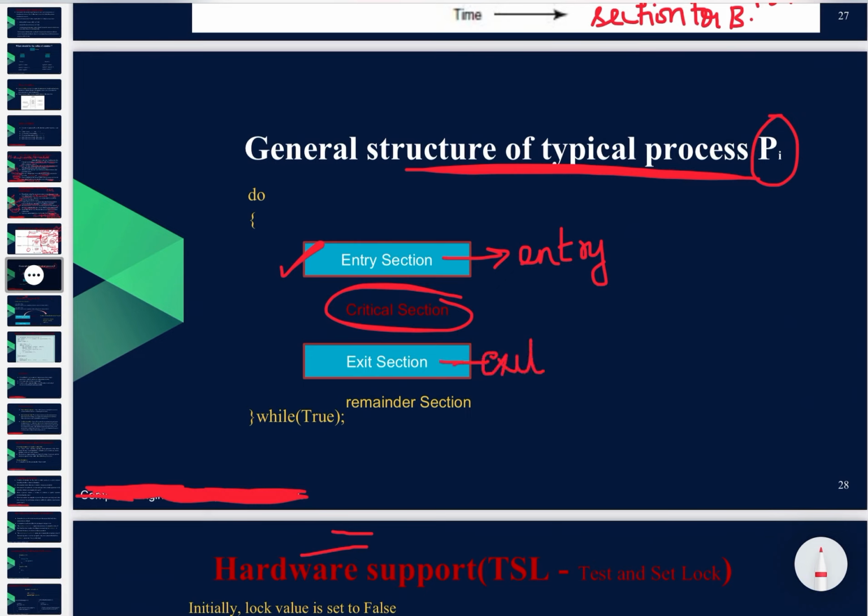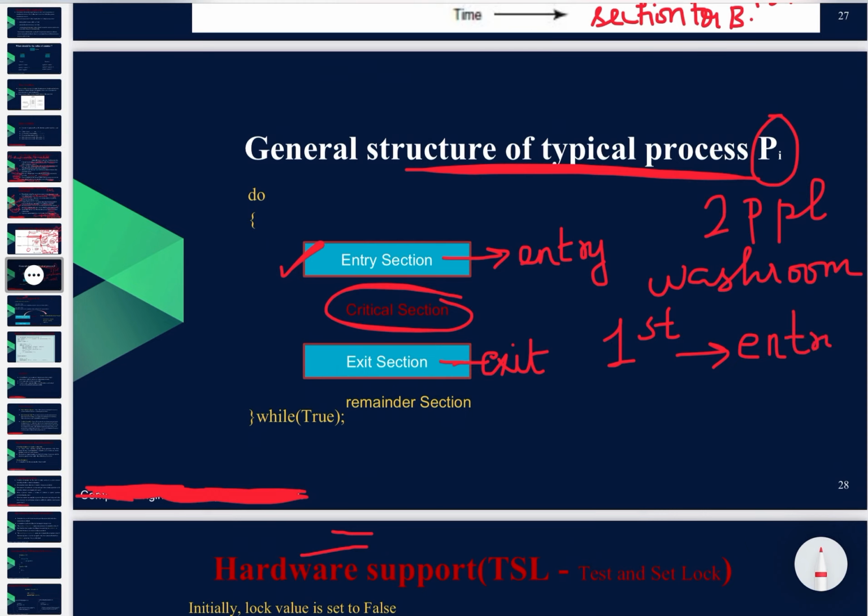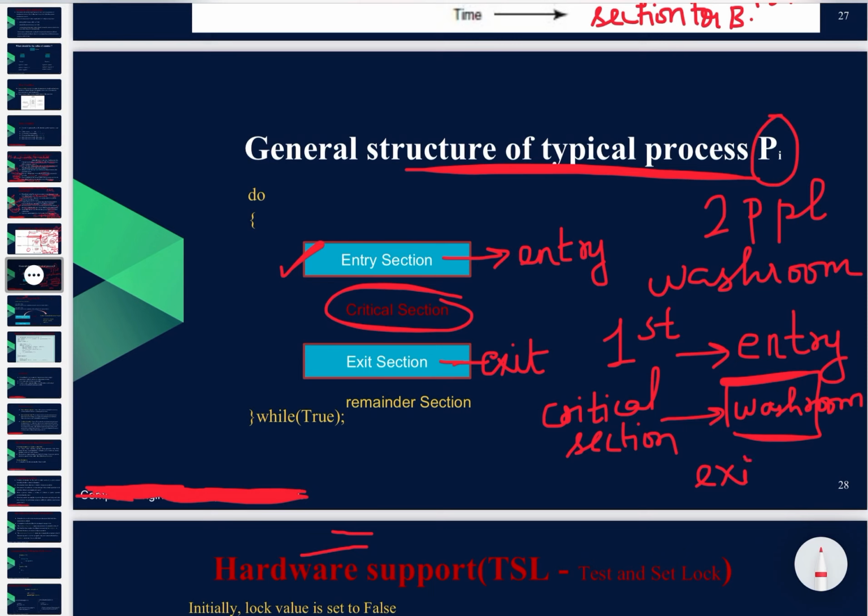Suppose there are two people and these two people want to use the washroom. The first person will take entry into the washroom and use it. The washroom is nothing but the critical section. And then they will exit the critical section, that means they will exit the washroom.